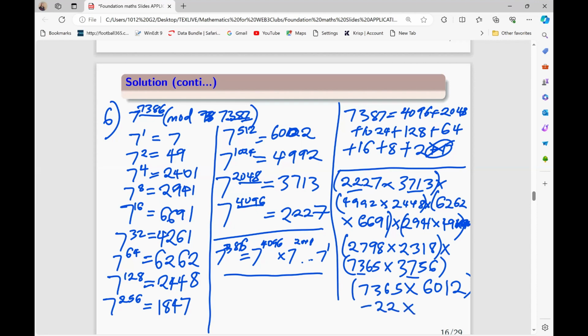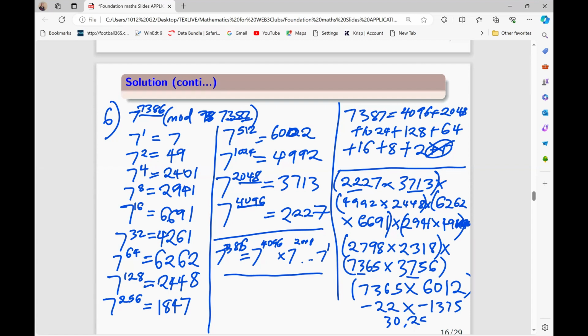And then the second part, 6012 minus 7387 is going to give us negative 1375. Then we multiply the two. 1375 times 22, we find it's going to be 30,250. And then we're going to find mod 7387.